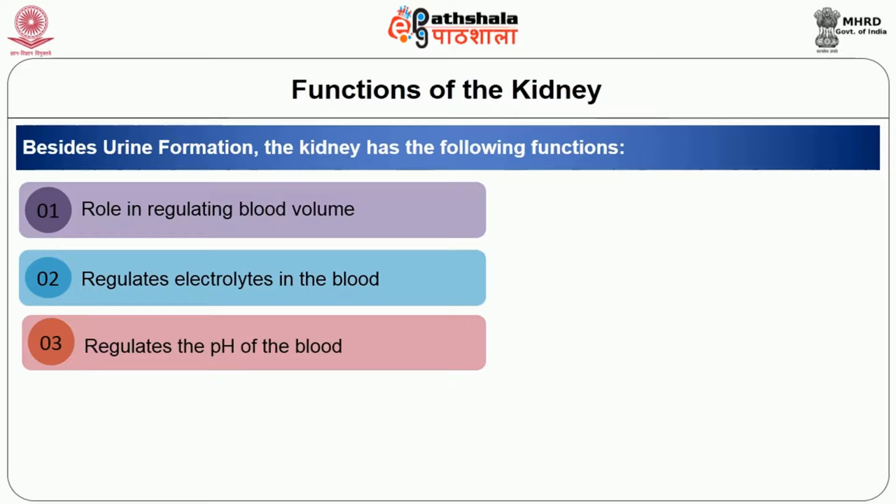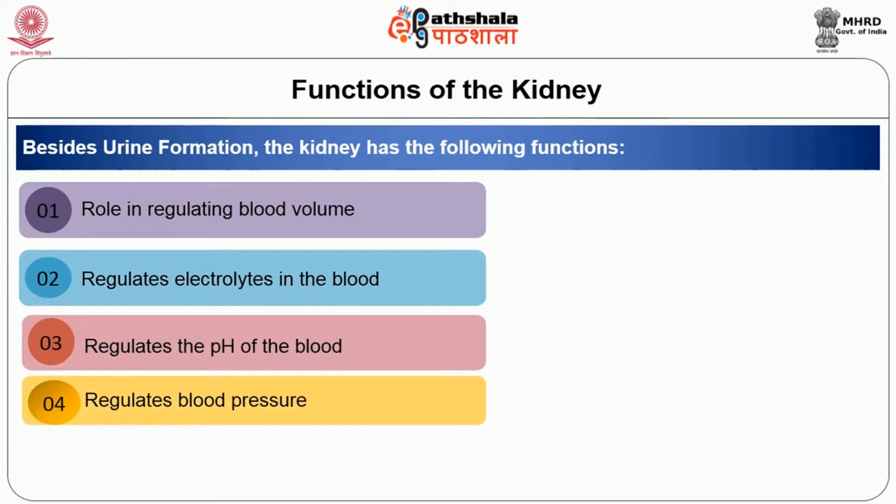When more hydrogen ions are excreted from the blood, it renders the blood less acidic and more alkaline. But if more hydrogen ions are retained in the blood, this renders the blood more acidic and less alkaline. The kidney also regulates blood pressure by regulating the amount of water excreted and the amount of water reabsorbed back into the blood.